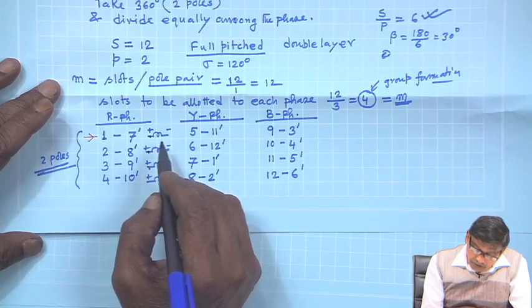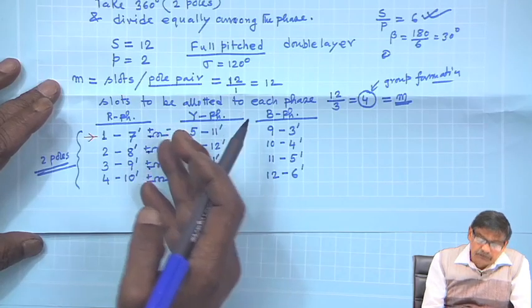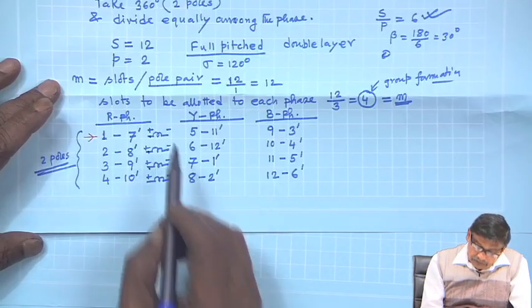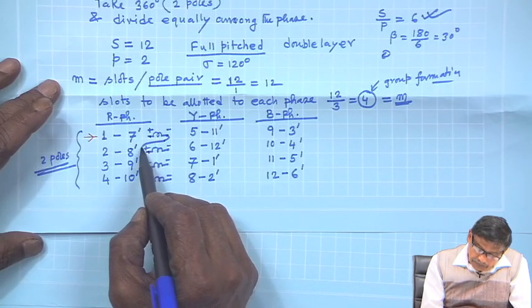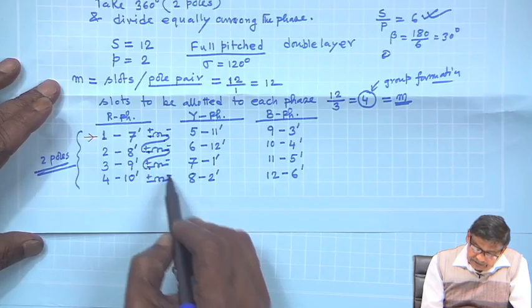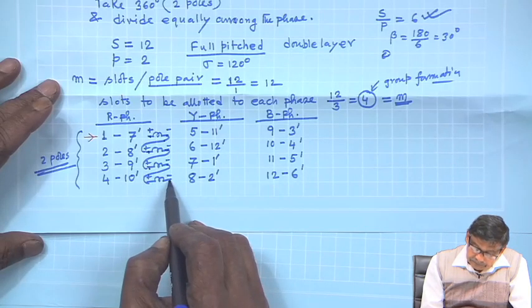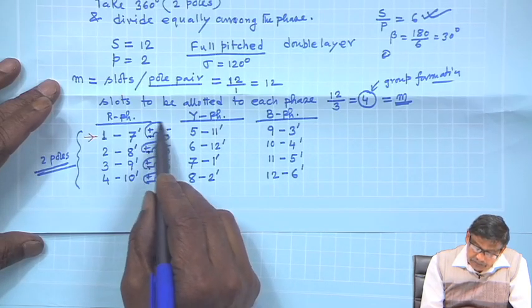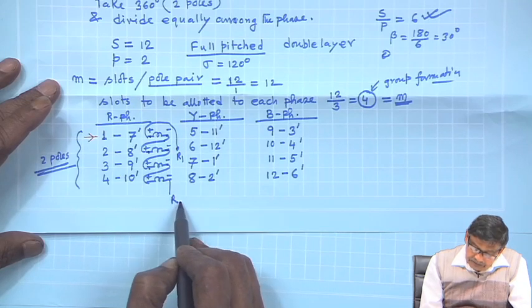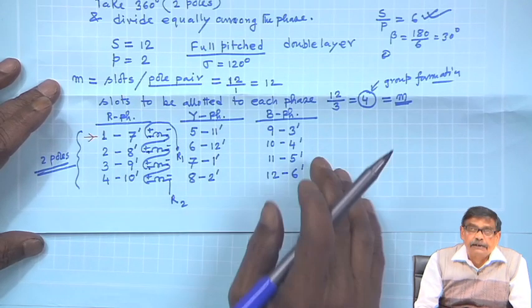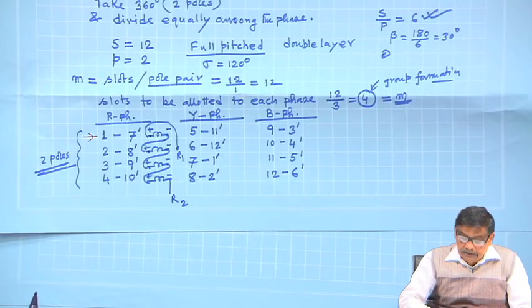Therefore, while forming, this is one group. All four are to be connected in series like this, and these two will be your R phase terminals R1 and R2. Similarly, for Y phase and B phase it can be done.